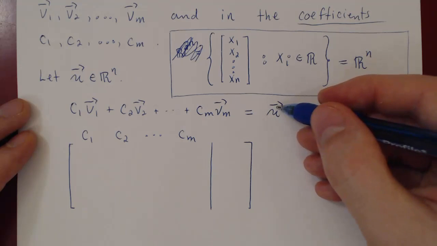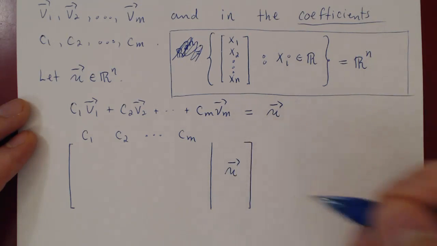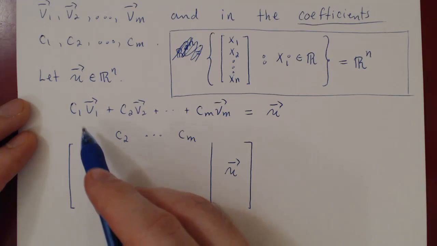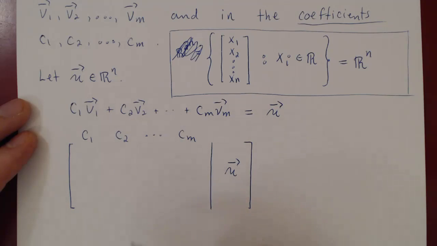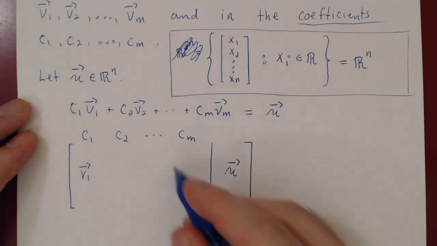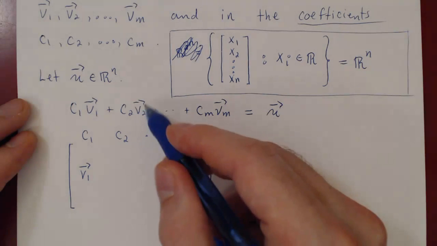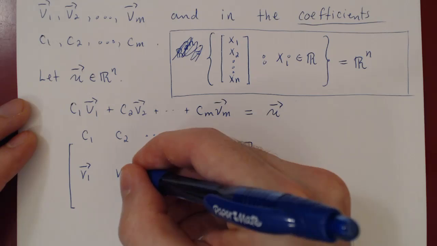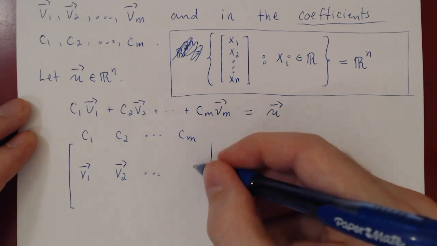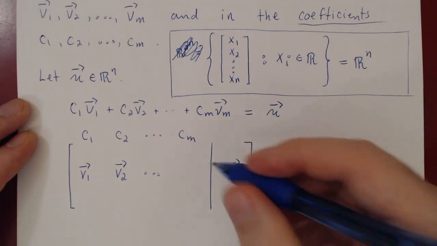The constant terms are given by the entries of vector u, and u again is a column matrix, and the entries multiplying c1 are the entries in v1, so v1 will be the first column of our matrix. The entries multiplying c2 are the entries of v2, so v2 is the second column of our matrix, up to, of course, vm, because the entries of vm are multiplying cm.